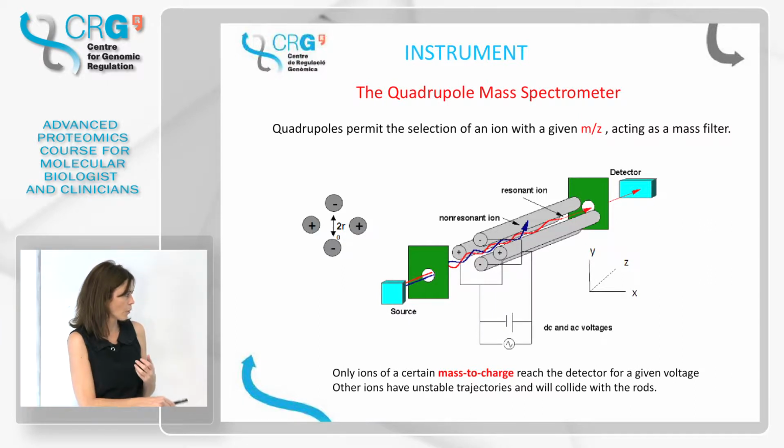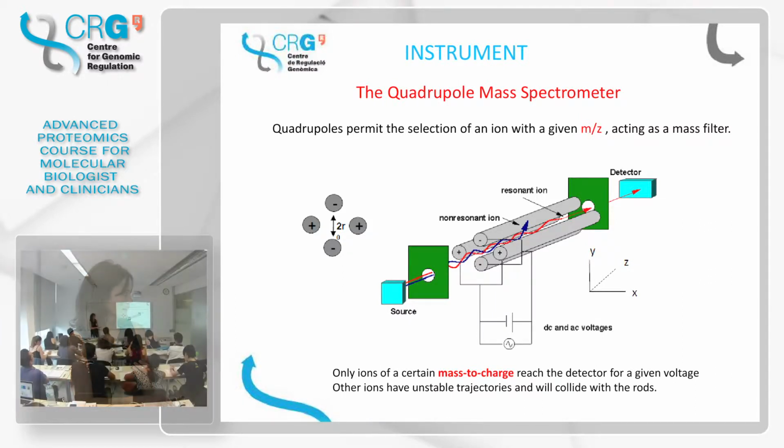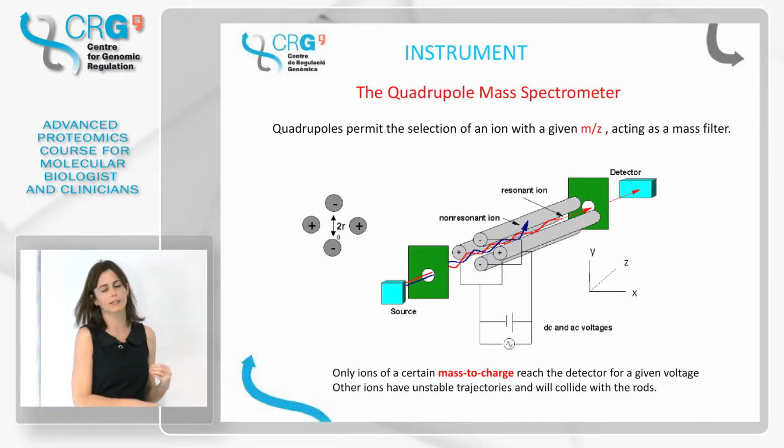This is a quadrupole, which is formed by these 4 rods, two positive and two negative, to which we can apply a potential. And the goal of the quadrupole is to filter by mass. Okay, this you already learned.